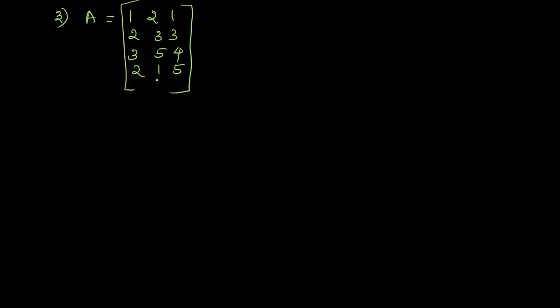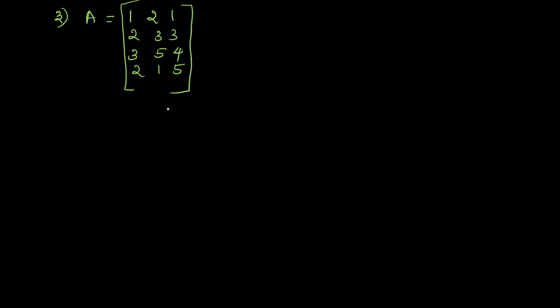Next question is: reduce the given matrix using row reduced echelon form. And the given matrix already contains 1 as the first element of the first row.